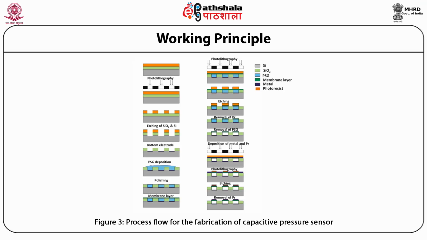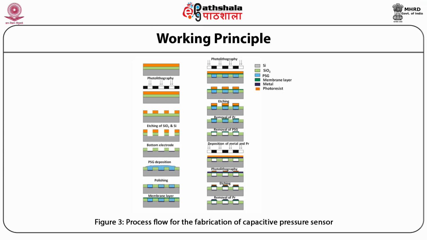So over the membrane deposited layer, the photoresist was again coated. Again the photolithography was carried out and etching was done. After etching, the removal of photoresist was there, and after removal of PSG, the membrane looked like this.